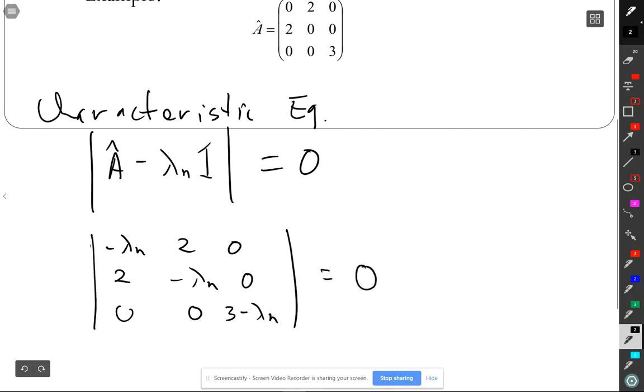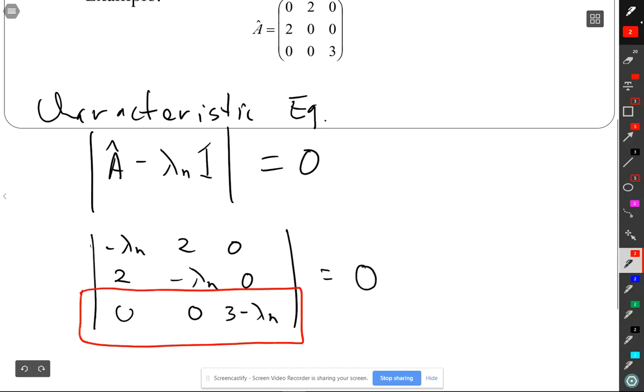How do you find the determinant of a 3 by 3 matrix? No, okay. So it's important that I do this. You choose a row or a column of your choosing. And so I am going to, for a reason that will become obvious, choose this row.